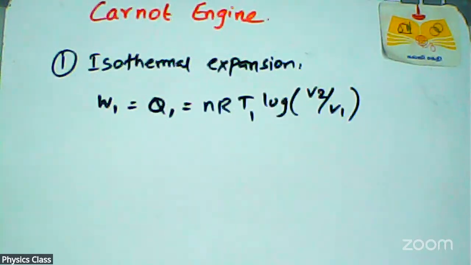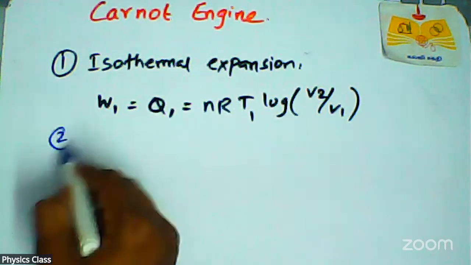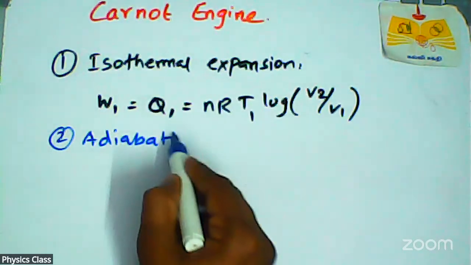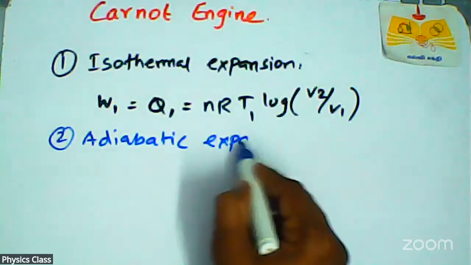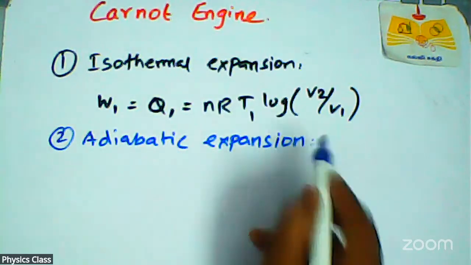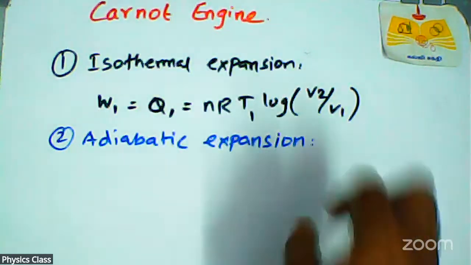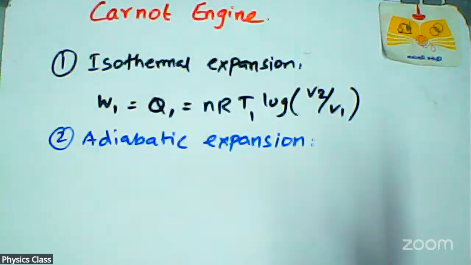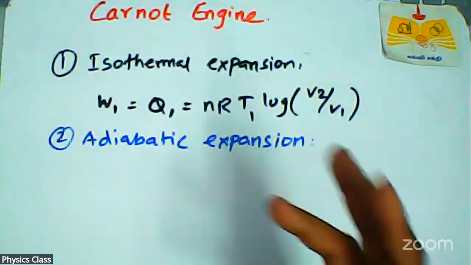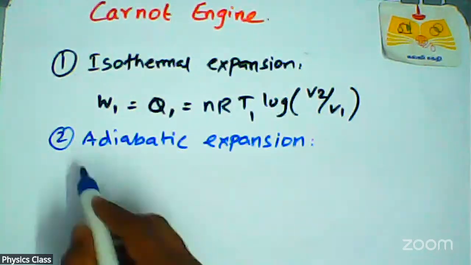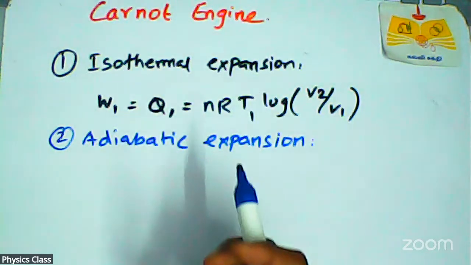Next one, adiabatic expansion. In adiabatic expansion, the gas is placed on the insulating stand and allowed to expand slowly, and its temperature falls from T1 to T2. Work is done by the gas.